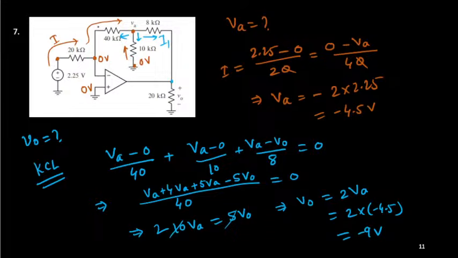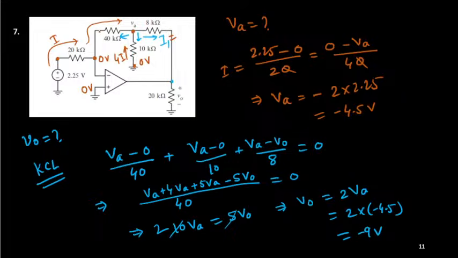So if the current through this 40K is I, then 10K will be 4 times, because the resistance is 4 times less, so the current will be 4 times more here. You will get more current. So here you will get 4I. Is it okay? So this current will be 4I. So what is I1?